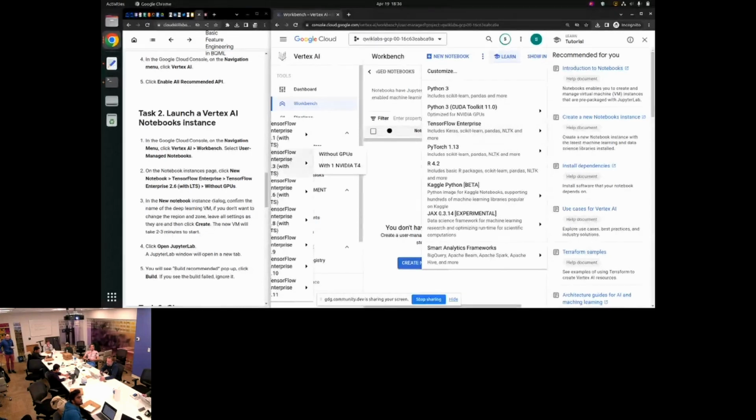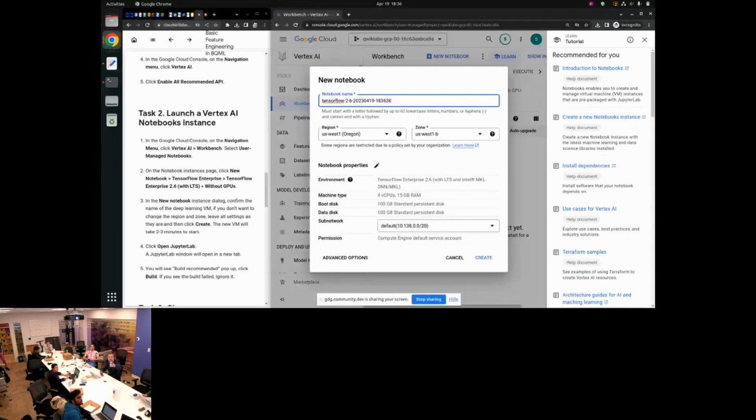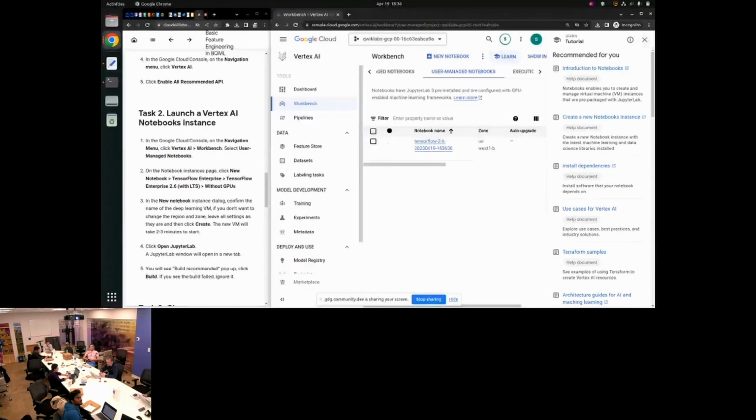Is it this one? No, that's this one. You can get rid of the recommended for you tab. That will declutter things a little bit with the X in the top right. Hopefully we don't need it after this part. So give it a few moments to have your instance of TensorFlow 2.6 without GPU, so a server basically on the cloud.